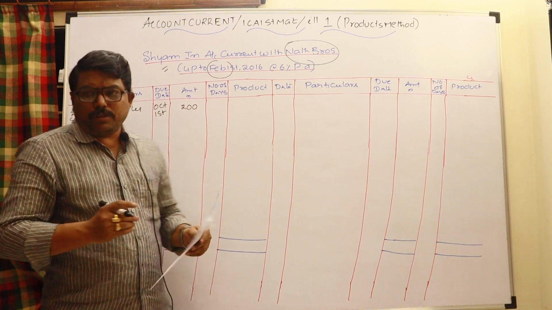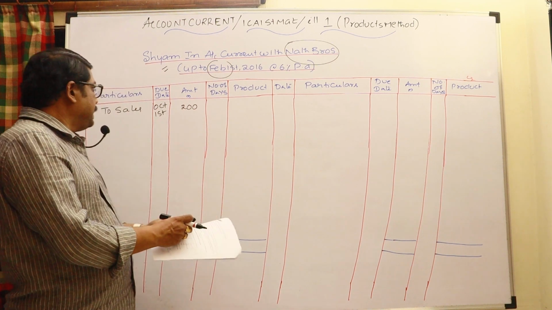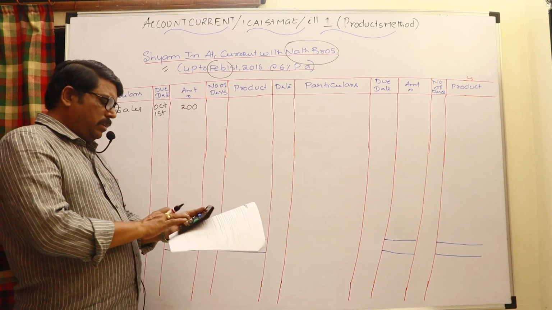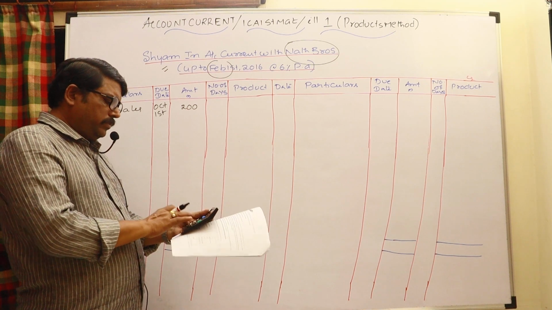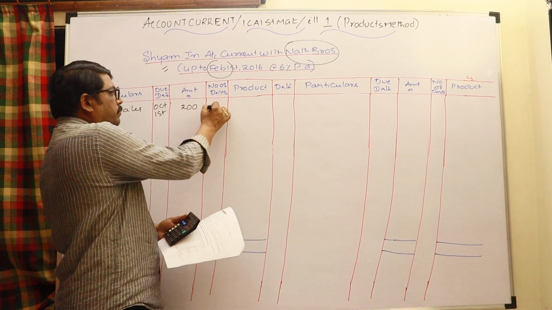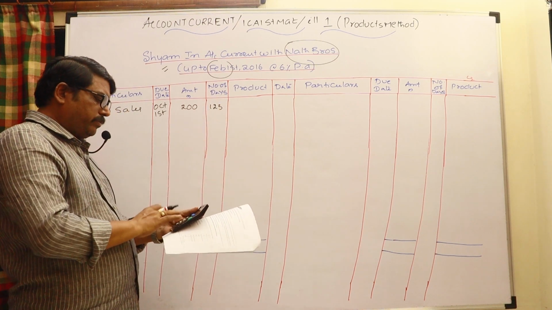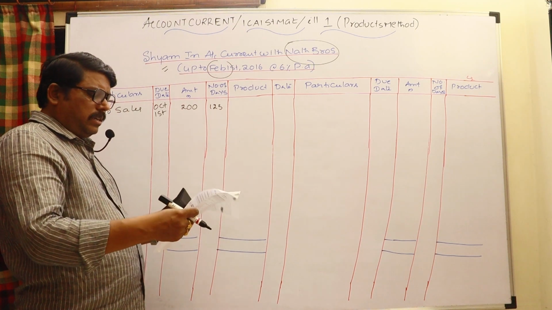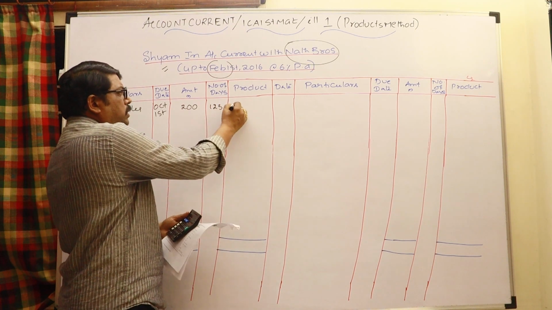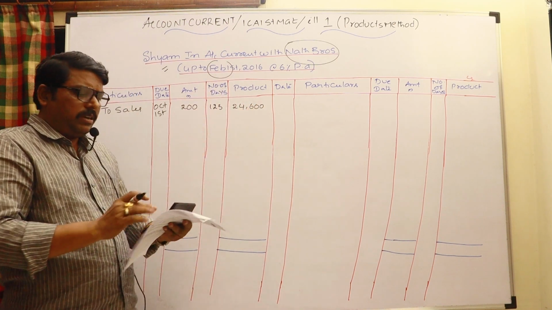From October 1st to February 1st, the date of settlement, you need to calculate the number of days: October 30 days, November, December, January, and February 1, totally 123 days. 200 into 123, the resulting product is 24,600. In a similar way you have to calculate every transaction.